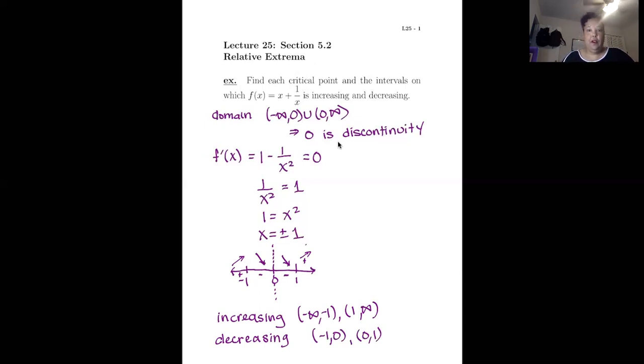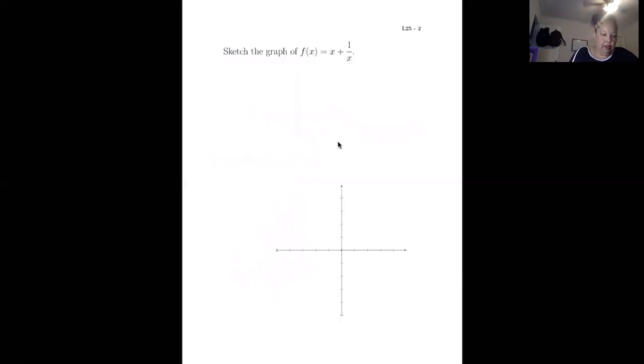Okay, so let's sketch this graph. So first of all, like I said, there's a vertical asymptote at x equals 0. I have critical points at 1 and -1. f of 1 is 2, and f of -1 is -2.